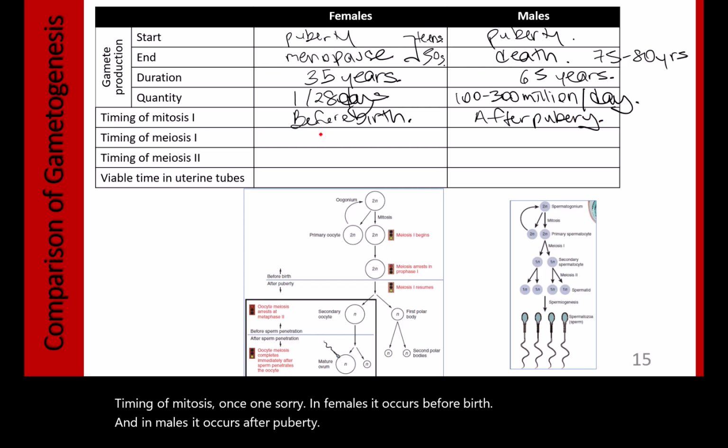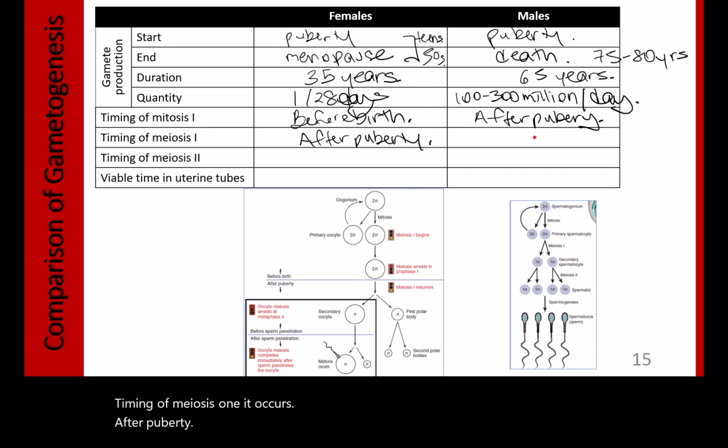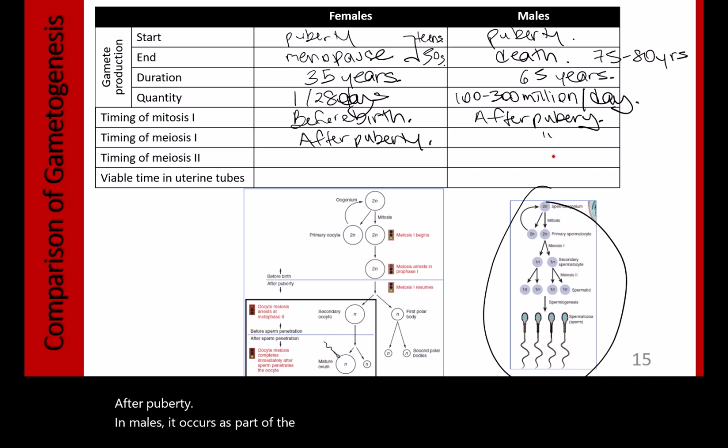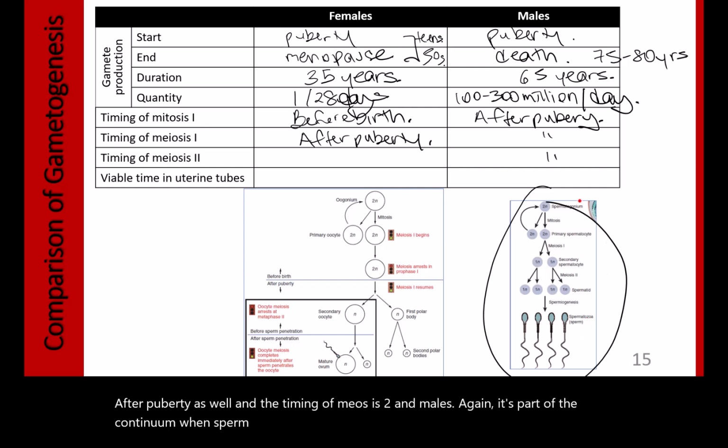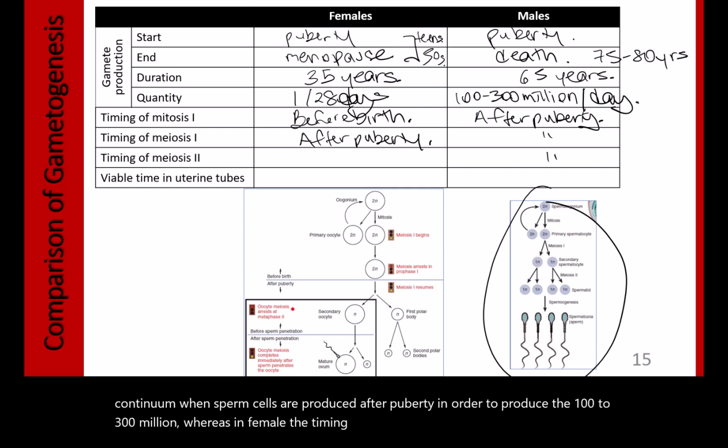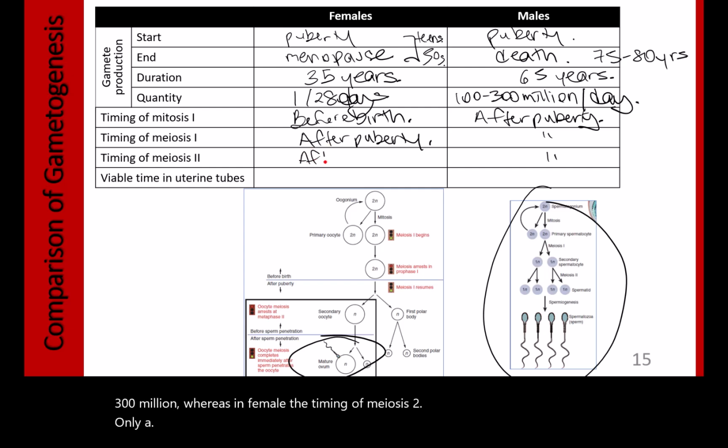Timing of meiosis 1 occurs after puberty in females, and in males, it occurs as part of the continuum after puberty as well. And the timing of meiosis 2 in males, again, is part of the continuum when sperm cells are produced after puberty in order to produce the 100 to 300 million, whereas in females, meiosis 2 only occurs if fertilization is successful.